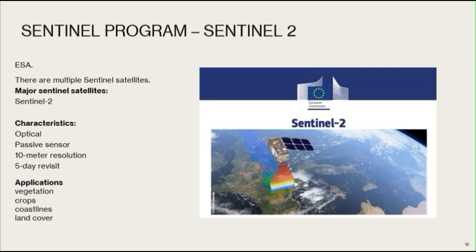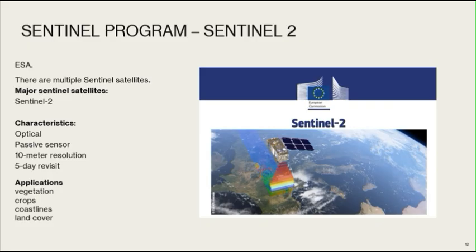Several of its bands have a resolution of 10 meters, meaning 1 pixel equals 10 meters by 10 meters on the ground. That single pixel contains all of the reflected energy from that 100 square meter area. The satellite cannot distinguish objects smaller than approximately 1 pixel. This compares to Landsat's 30-meter resolution, so it's higher resolution than Landsat.